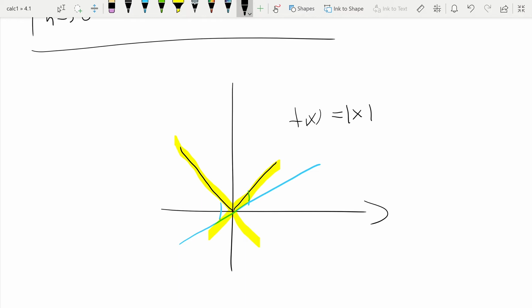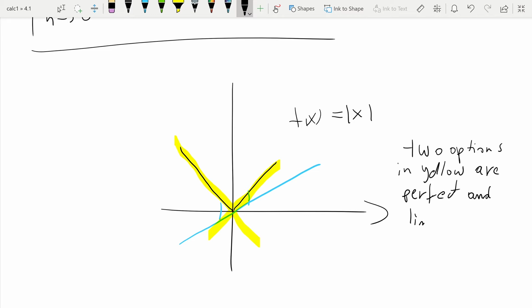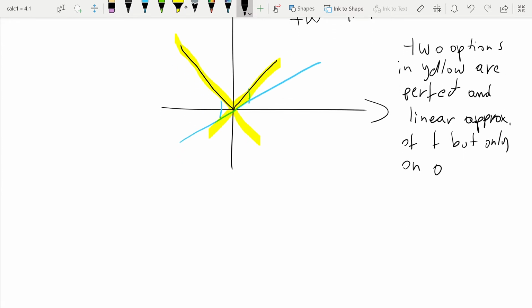So that means that the two options in yellow are perfect linear approximations of f, but only on one side of x equals 0.